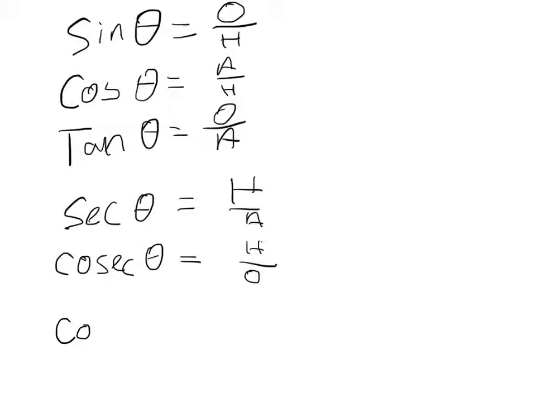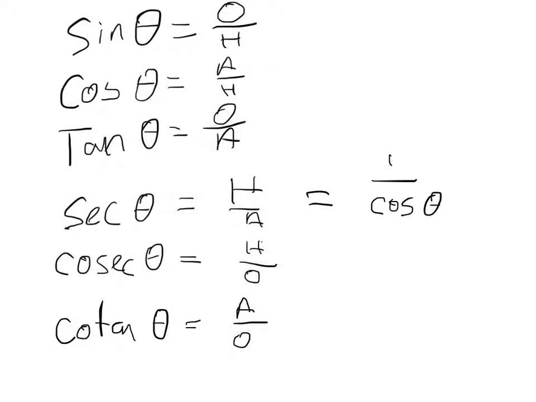And cotan theta is adjacent over opposite. Now what you might notice here is that this is 1 over cos theta. This one is 1 over sine theta. And this one is 1 over tan theta.